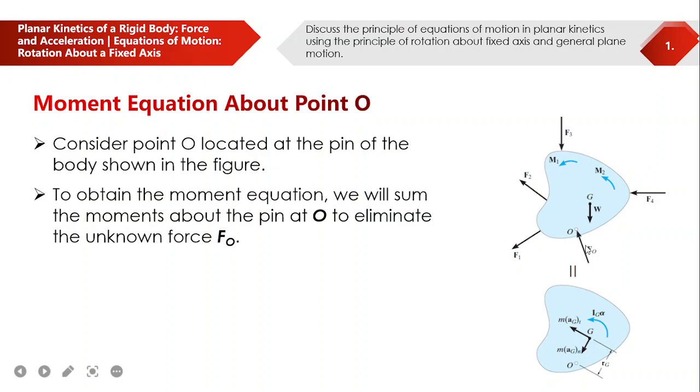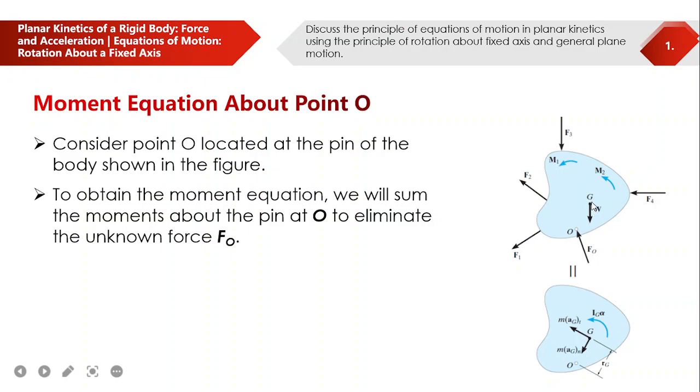Kung meron tayong, kunwari, if we are summing all of the moments at point G, so, dating sa point na kailangan itong i-consider to. Di ba? Kasi meron tayong moment arm dito away from our point G. So, kung sa point G lang natin, mawawala tong weight, no?